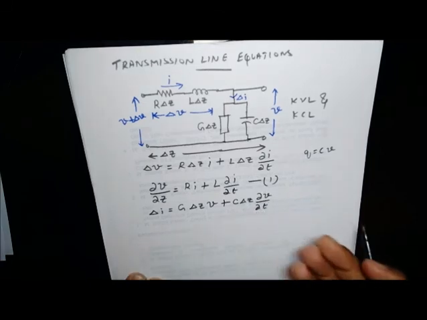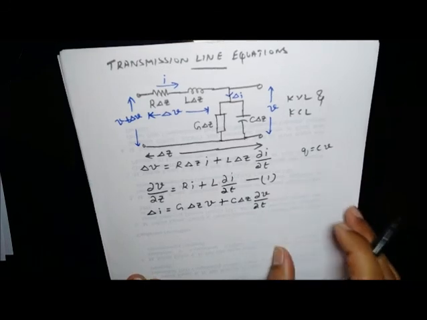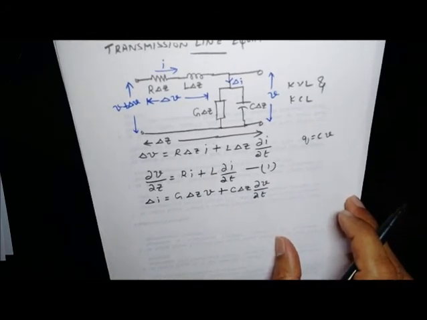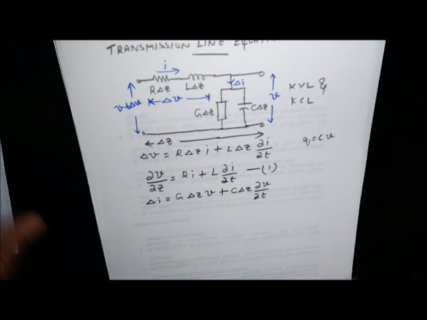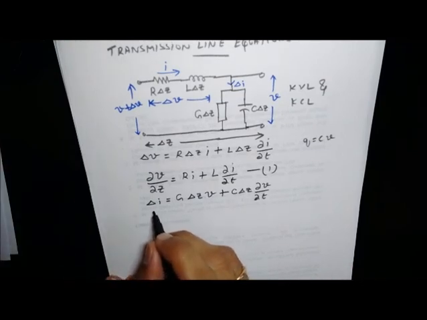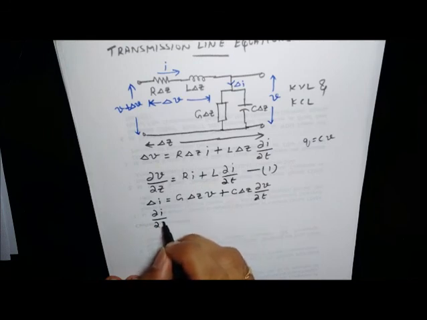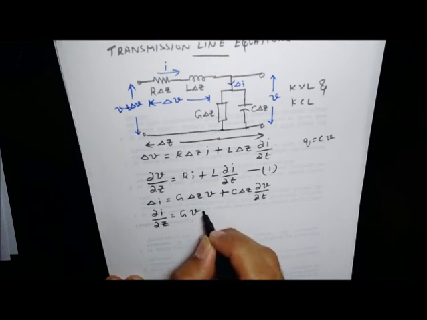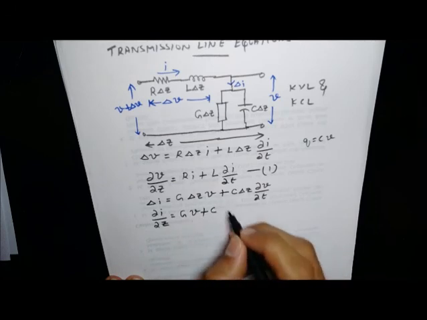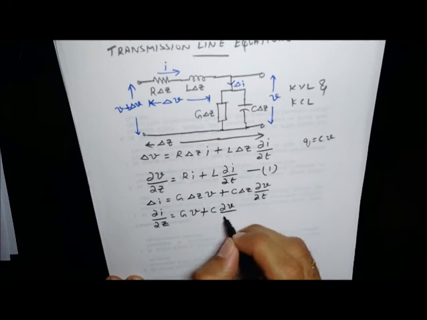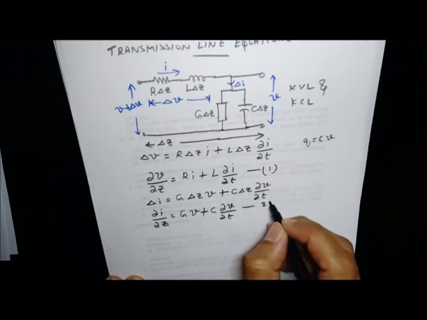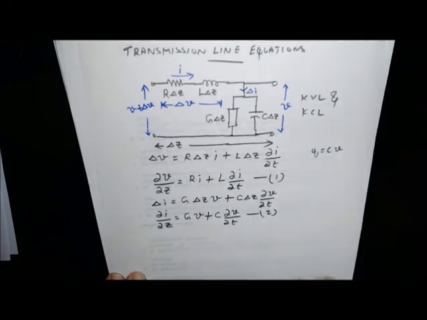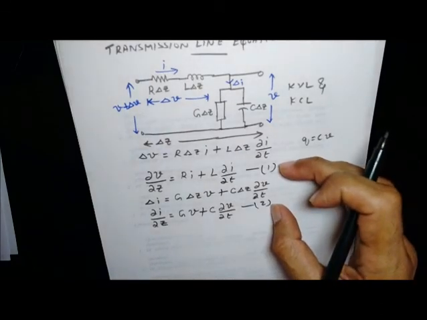Dividing both sides by delta z, and in the limit as delta z becomes very small, we end up getting a similar differential equation, dou I by dou z equal to G V plus C dou V by dou t. That is equation 2.